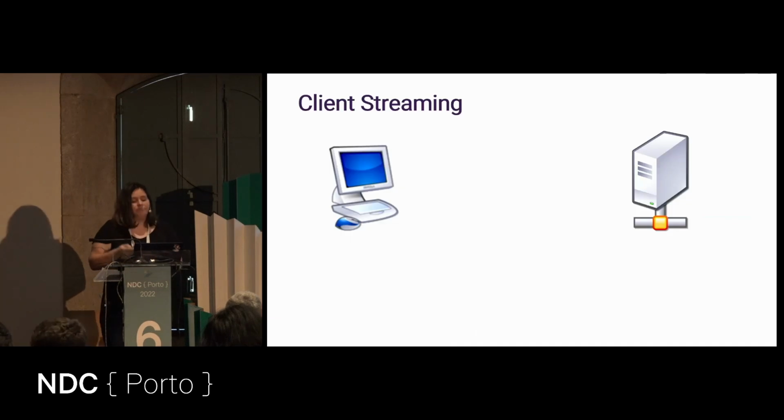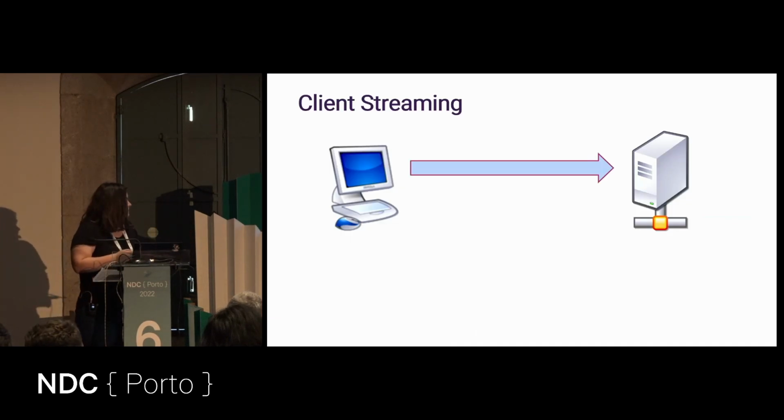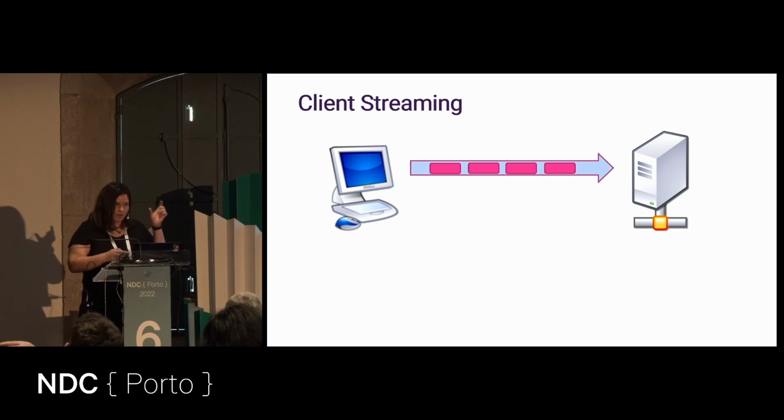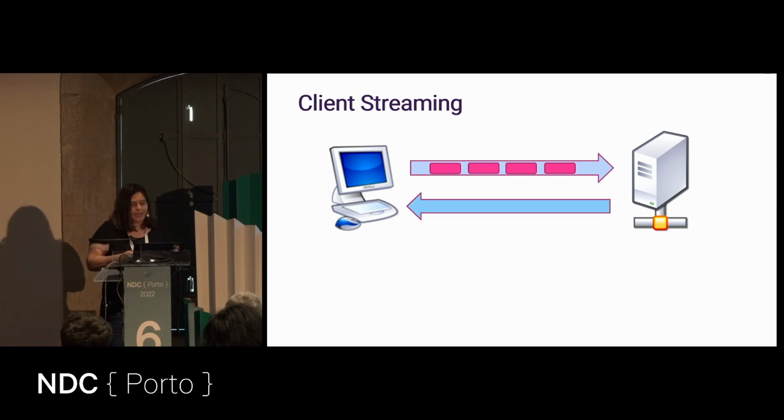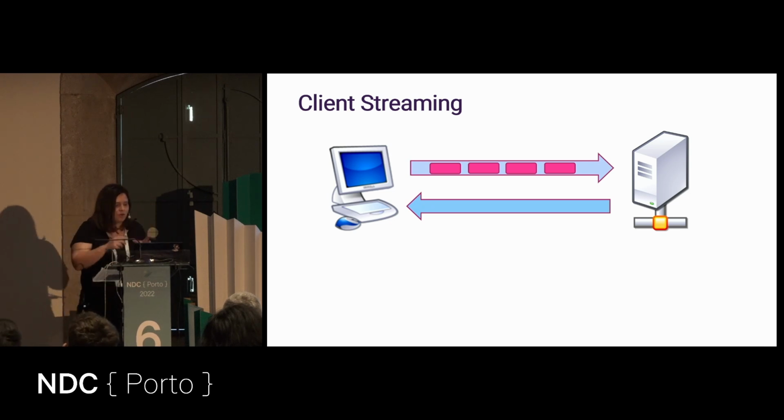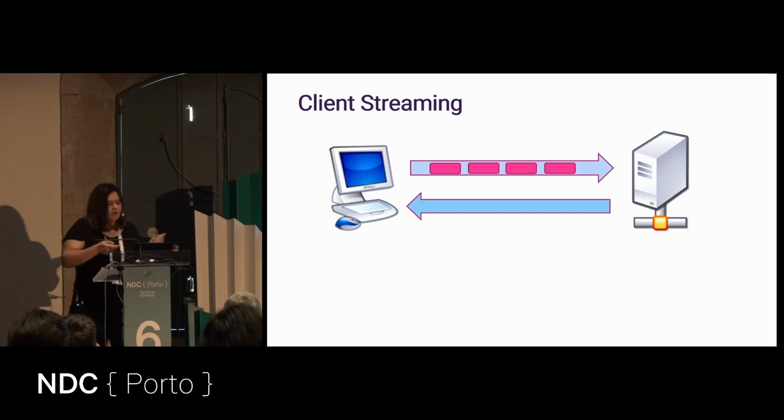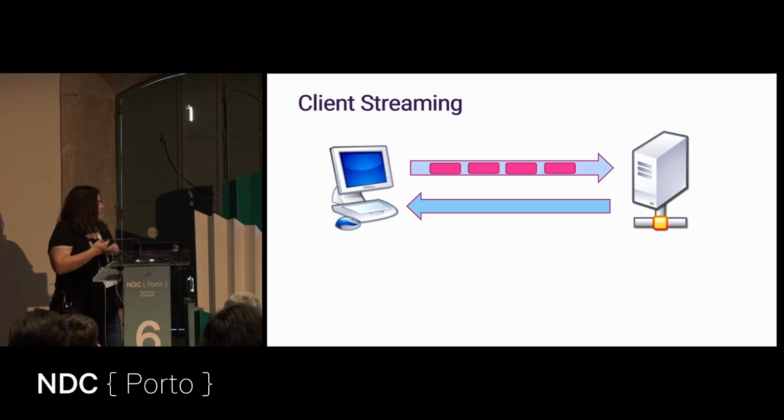Client streaming, again similar: a request with several chunks over one TCP connection, and one response back. So this is how it gets mapped over a traditional HTTP request. Okay, this scenario is super nice, for example, when you upload things. If you have scenarios like uploading large files, you can chunk them and send them over one TCP connection.